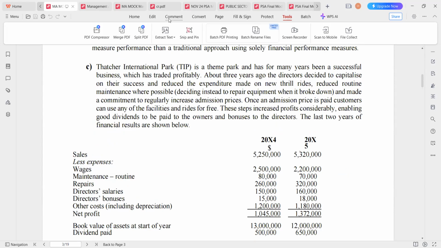It says that the company is a theme park and has for many years been a successful business, which has traded profitably.